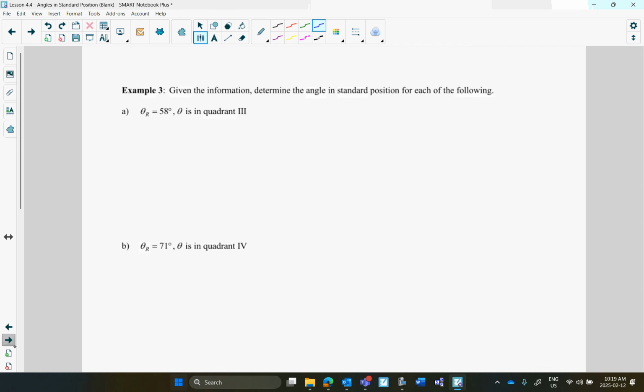And example 3 is just working the other way around. In example 1, you were given theta. In example 2, you're given the reference angle. You're told what quadrant theta ends in, and from that, you find theta. So you may want to sketch.